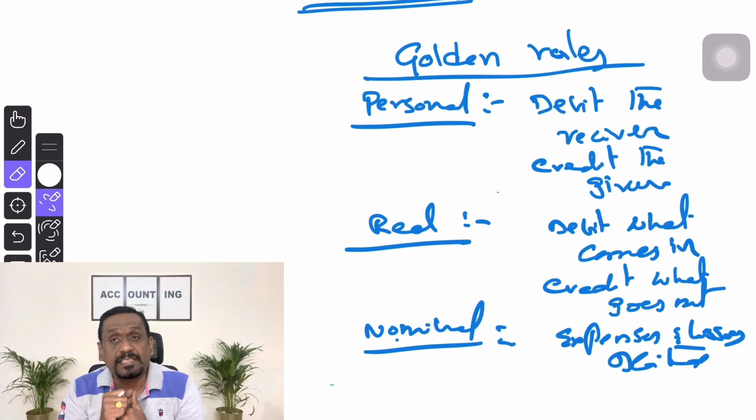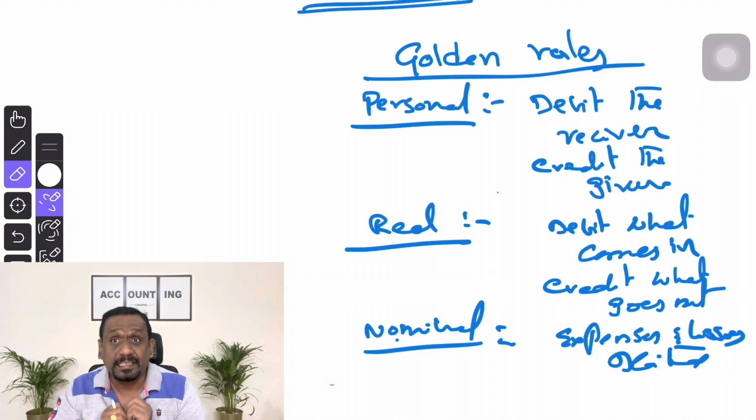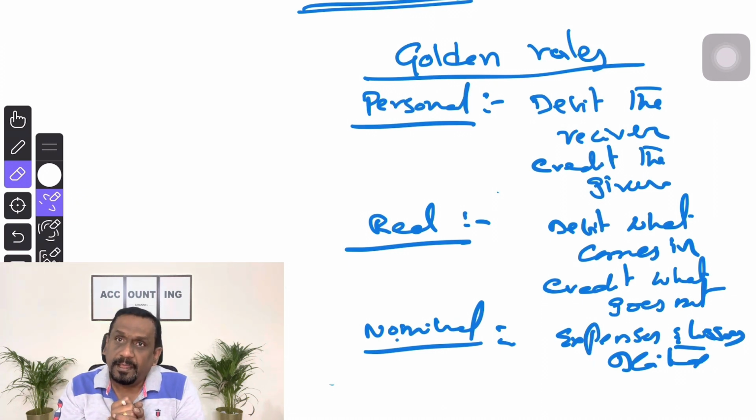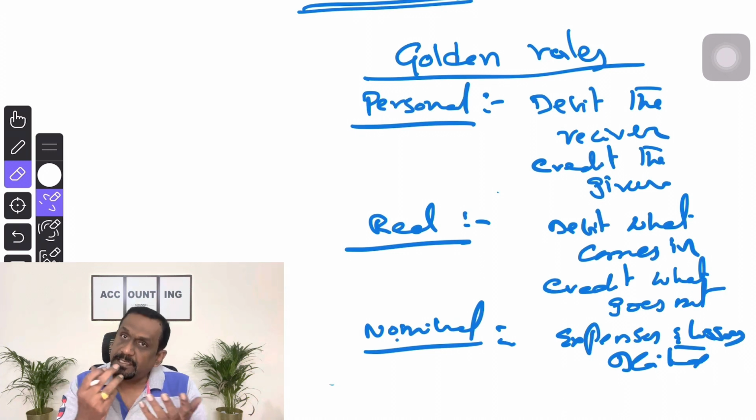Why am I receiving this amount from the people? Because I am providing services. Since I am providing services, it is the giving aspect. Hence, whatever services I provide will be considered as giving aspect. Hence, all incomes and gains are giving aspects, hence it is called credit aspect.